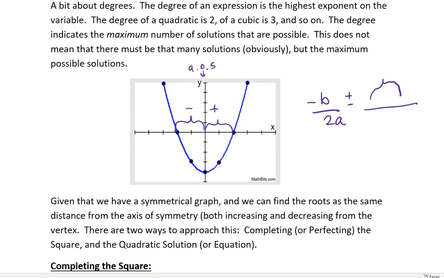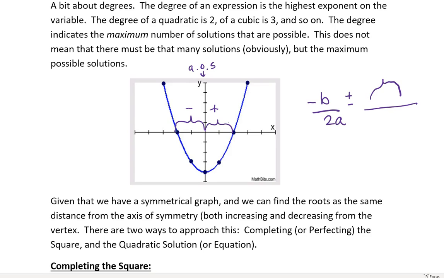And if you stop and think about it, here's our axis of symmetry, right? In this case, it happens to be the y-axis, but it doesn't have to be. But whatever our axis of symmetry is, we know that because this is symmetrical, once we find out the distance from the vertex or the axis of symmetry to the place that we have a root or a real solution, we know that it's going to be the same distance to go to the left.